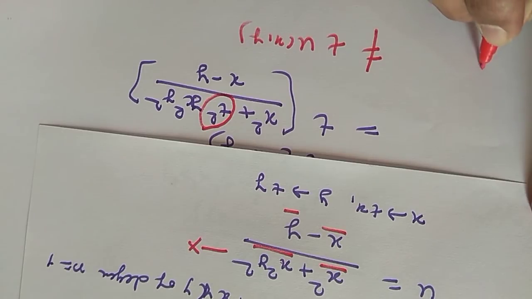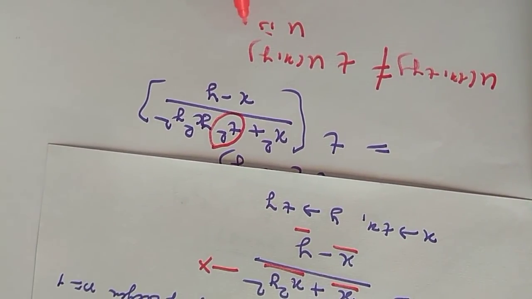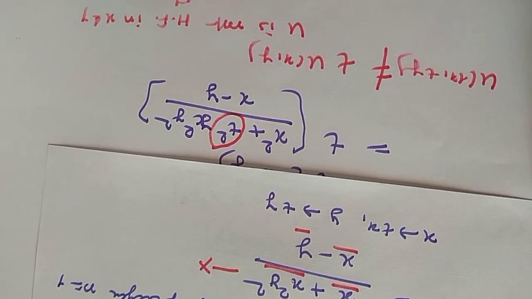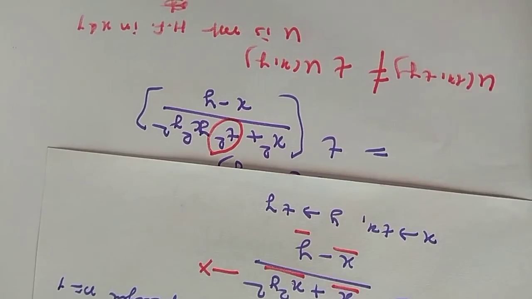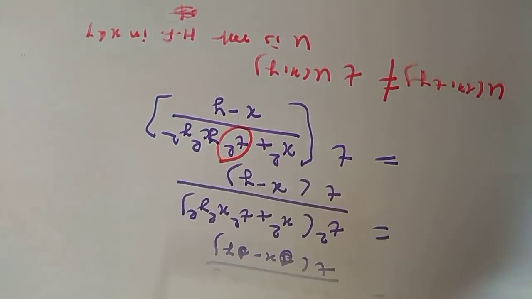We will not get u of tx, ty equal to t raised to some power into u of x. Therefore this function u is not homogeneous in x and y, so we will not talk about its degree.